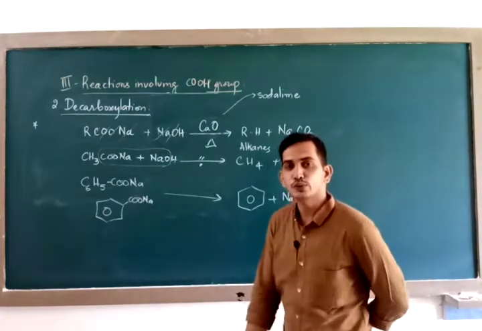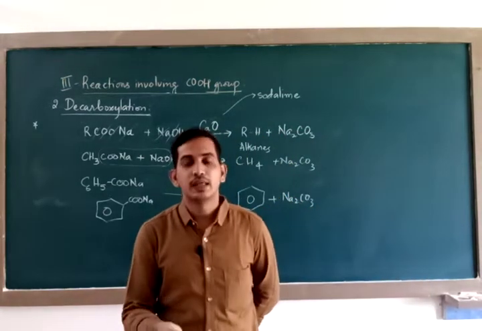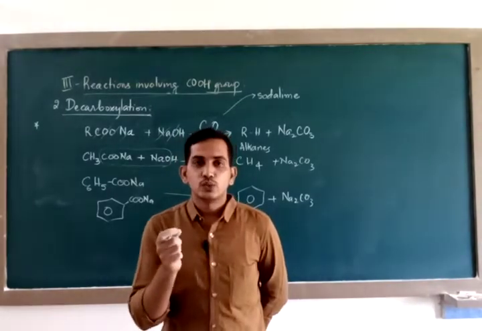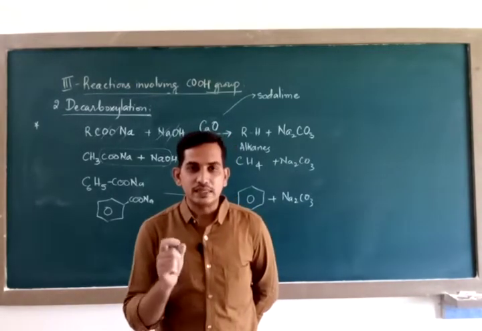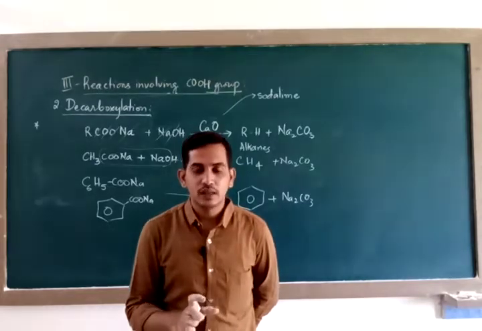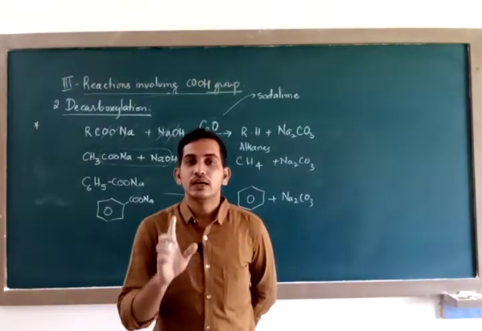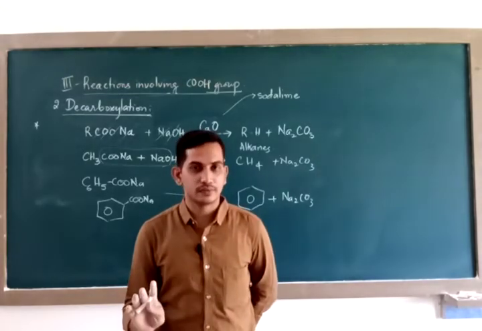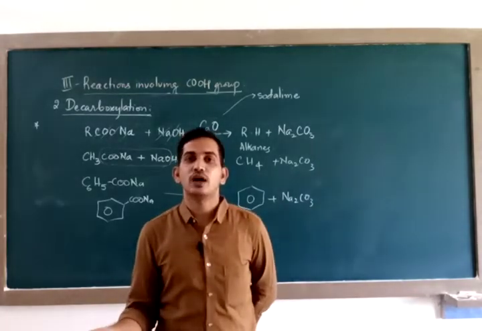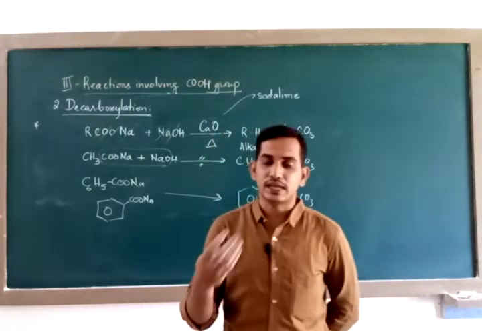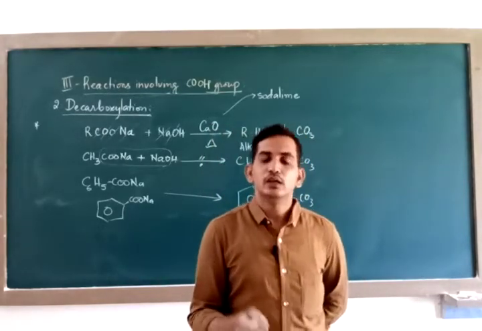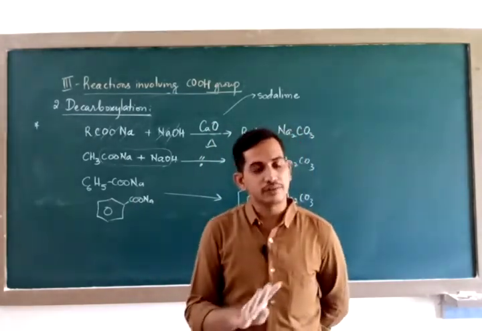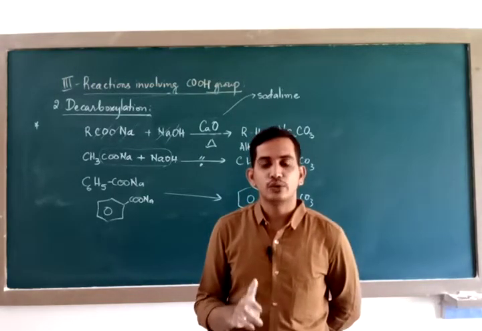For this reason, you should say the statement as whenever sodium salts of carboxylic acids are heated with soda lime, corresponding hydrocarbons are obtained. That is enough. Whether it is aromatic hydrocarbon, aliphatic hydrocarbon, it is an alkane, that is immaterial. You give any one example of your choice, that will be enough. Okay. How do you write the statement?